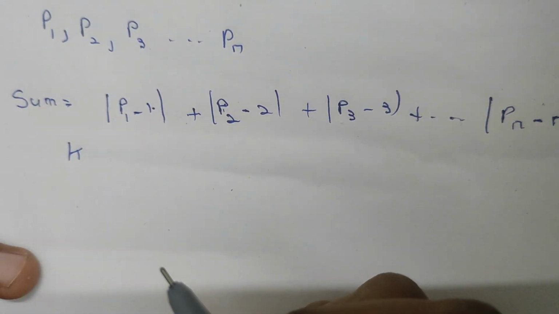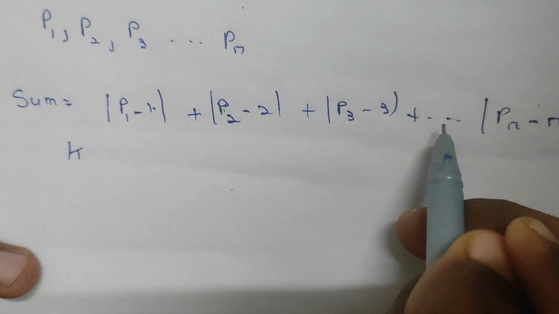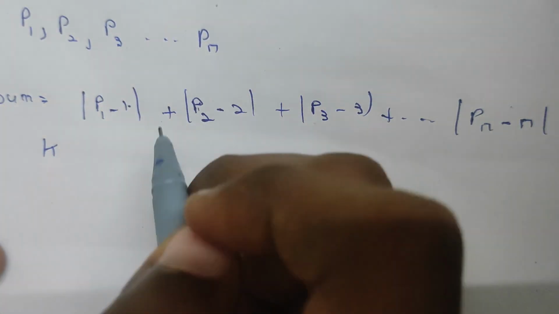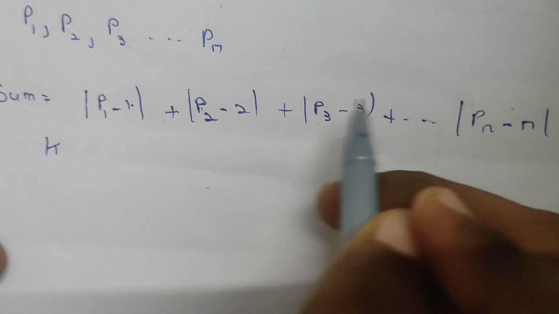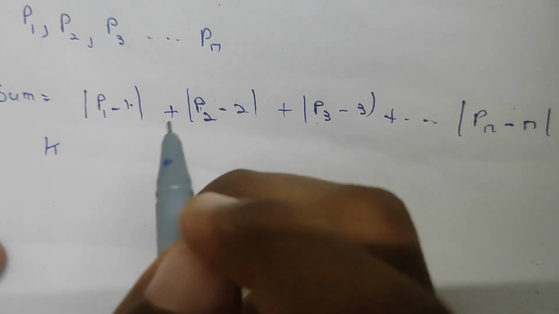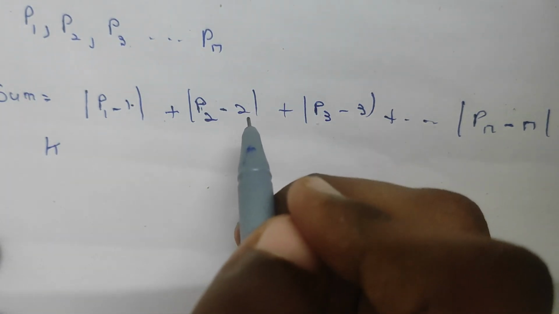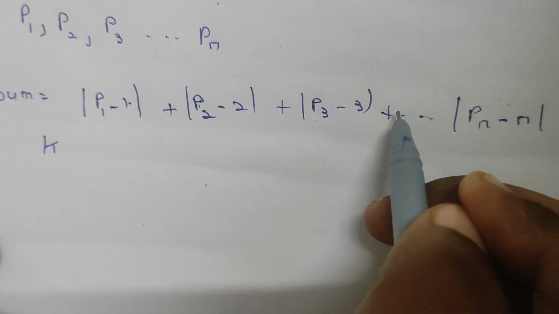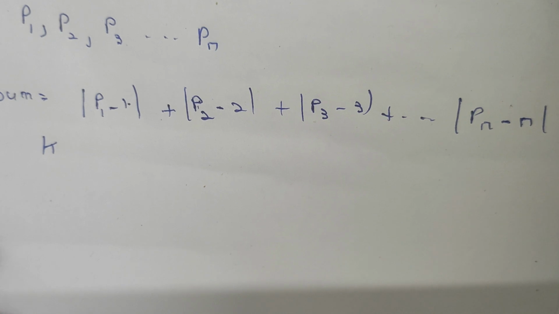If we are not able to form such a permutation whose entire sum will be equal to k, we have to print no. So this is the problem.